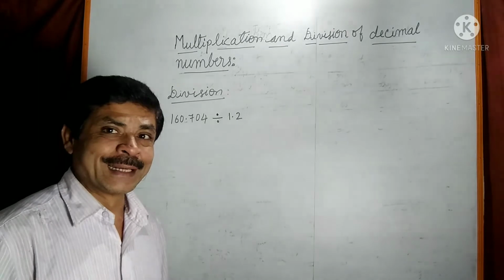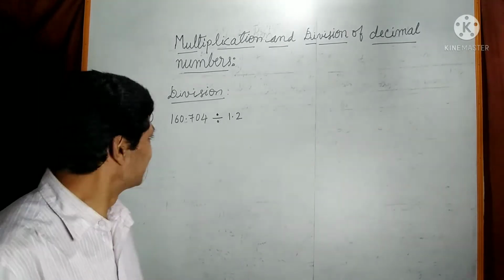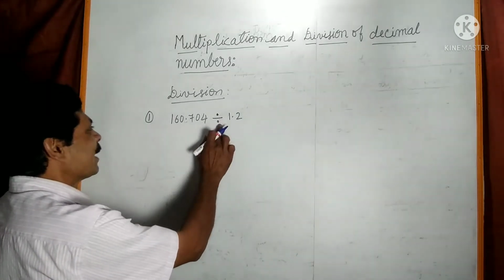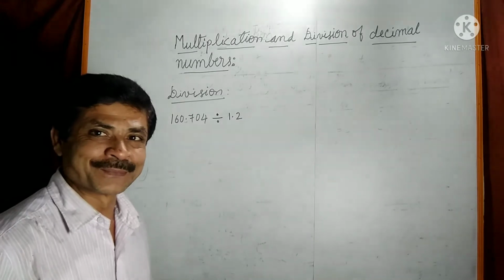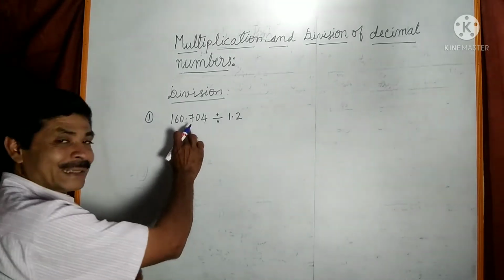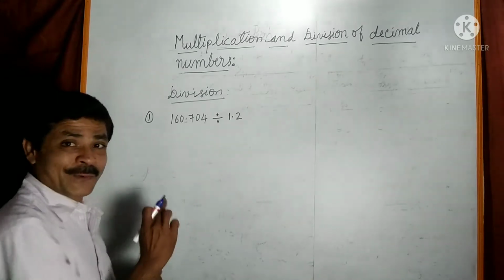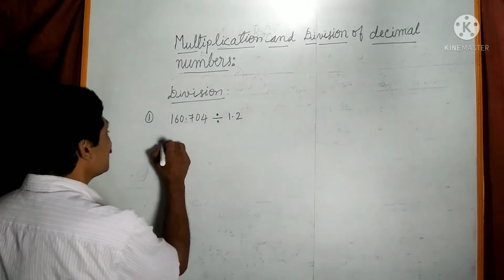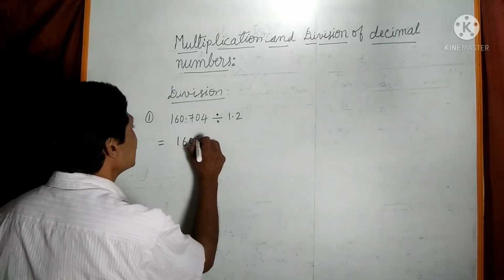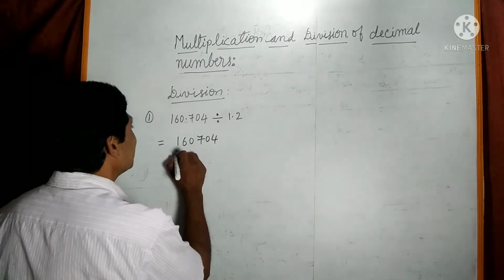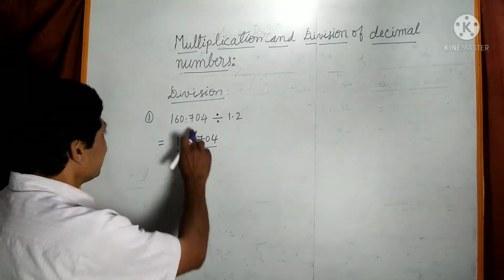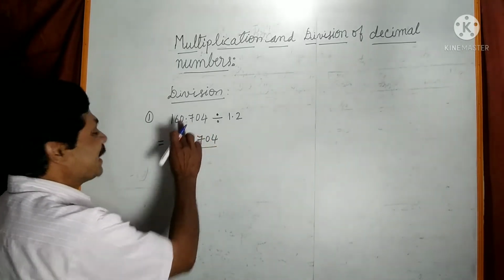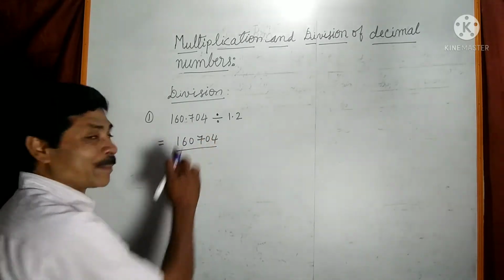Now let us go to division of decimal numbers. Let us take one question. 160.704 divided by 1.2. First we have to convert this in fraction form after removing the decimal point. We will write this is equal to, divided by, here there are 3 digits after the decimal point in the decimal part.